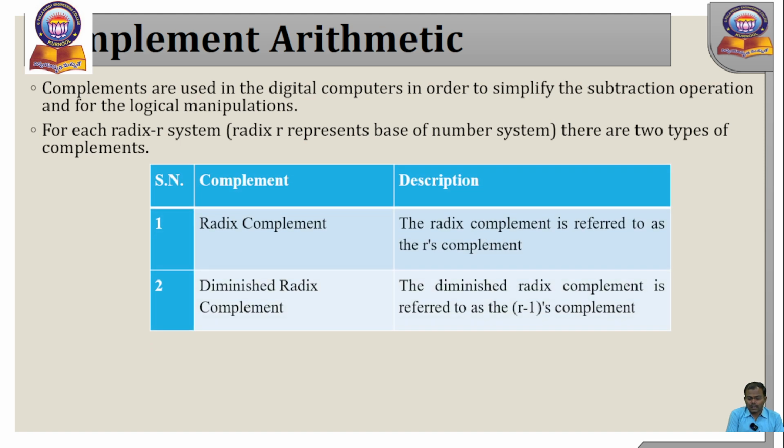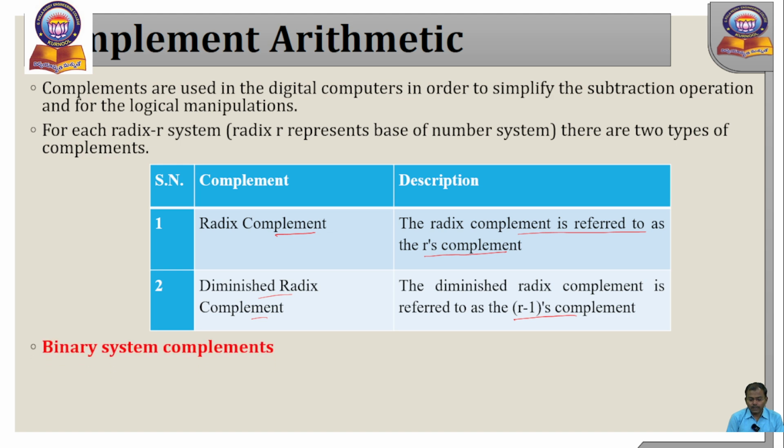One is the radix complement and the other is the diminished radix complement. The radix complement is referred to as the R's complement. The diminished radix complement is called the R minus 1's complement.